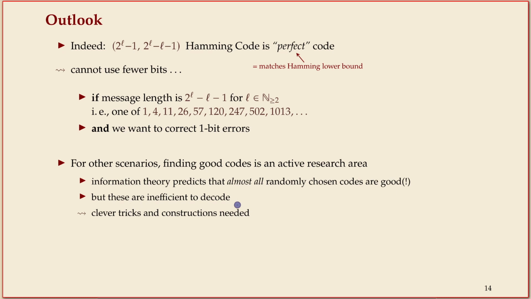But if you pick arbitrary code words, there's no clean encoding procedure that gives you a way to get from your message to that code word and back in a fast way. So in a way, we know there are reasonably good codes close to the respective lower bounds, but they're useless because they're too slow and hard to find. And so people are still looking at tricks for specific parameter choices to do better than that.